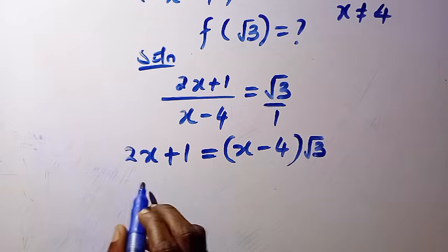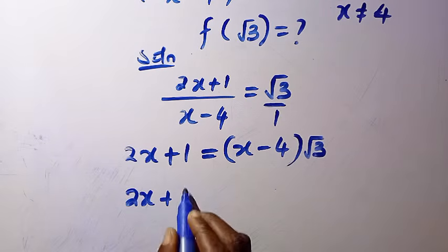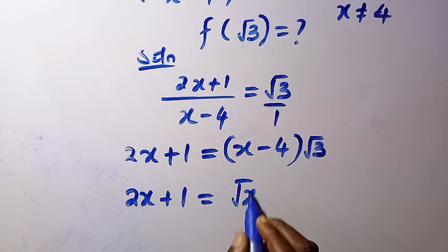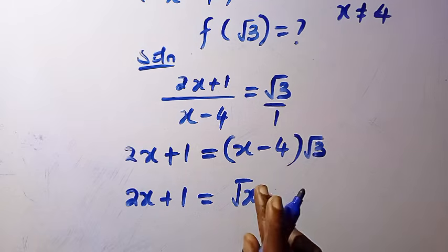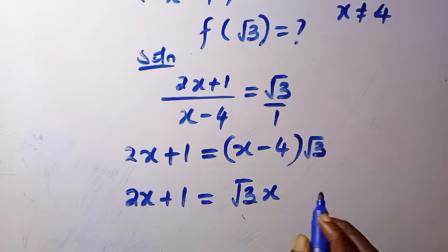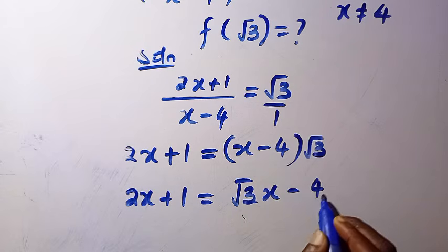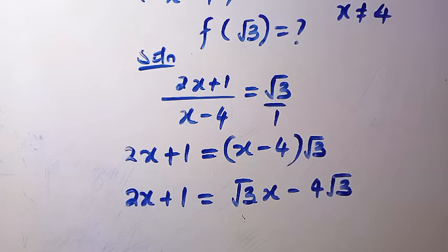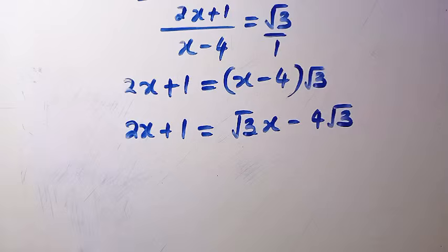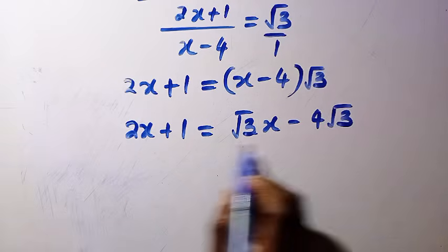And then we have 2x plus 1 equals, opening this bracket, square root of 3 multiplied by x, then minus 4 root 3. Then we have to rearrange this.